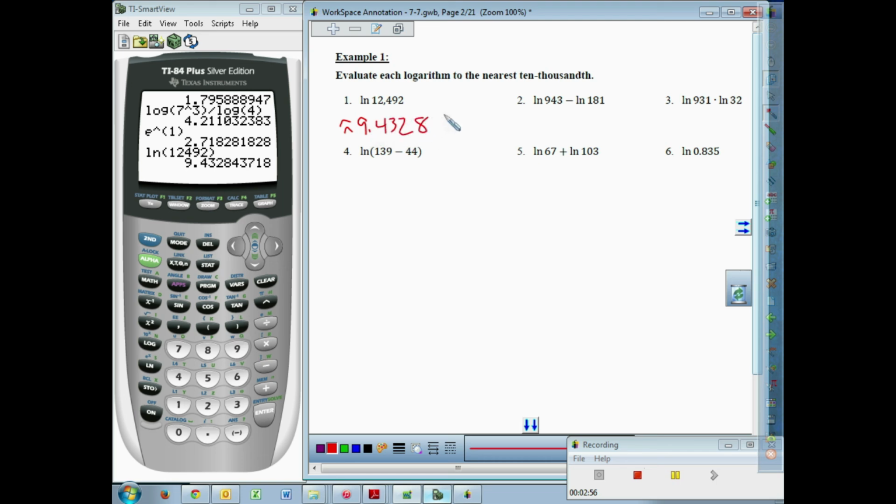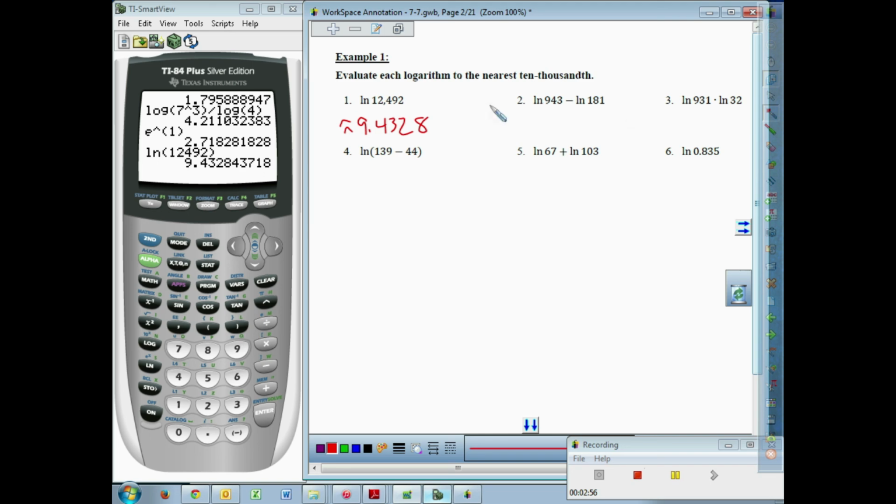Groovy? On the next one, should you condense those logs if you want to? They're still logs. A lot of times you'll hear me say it as log, and I apologize, because once you get further in mathematics, you never use the LOG. You always use natural logs. So I might accidentally call this log, but we'll call it natural log. Do I need to divide the arguments? You can if you want to.